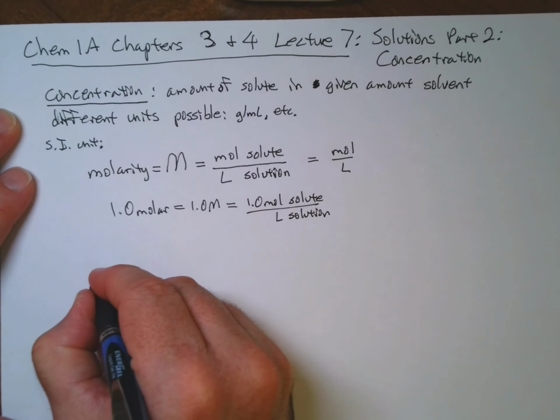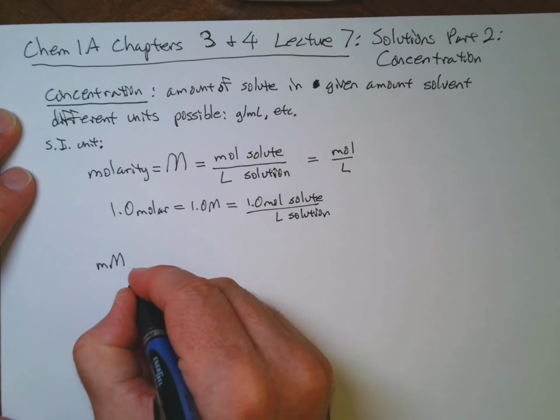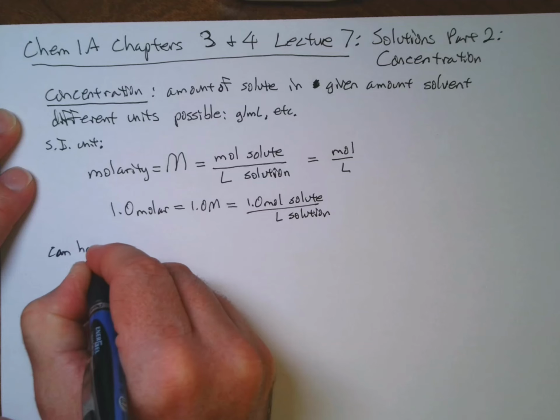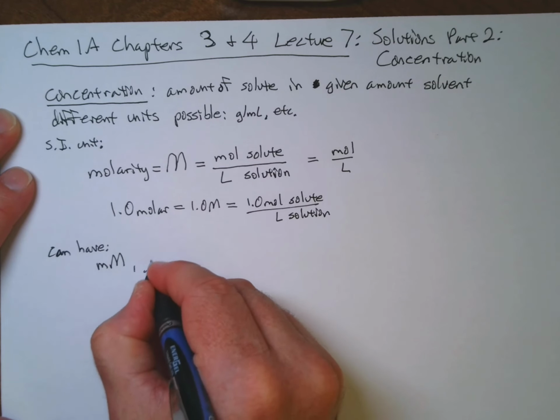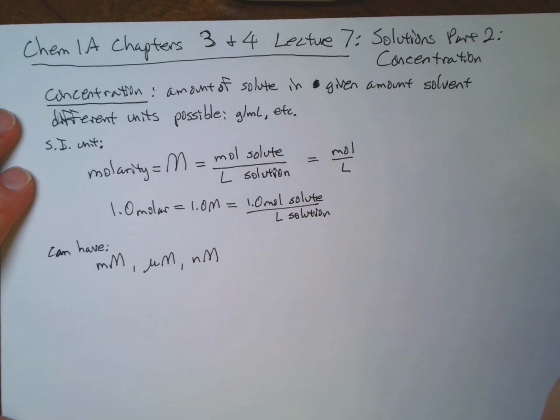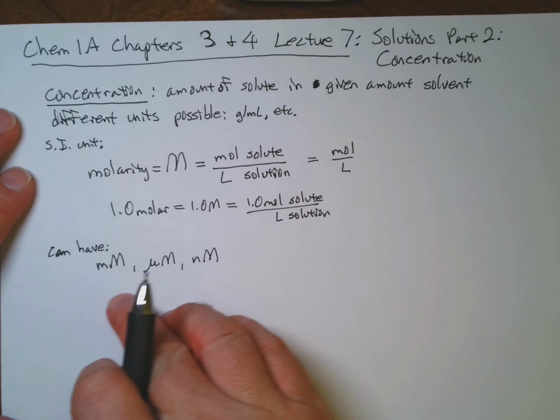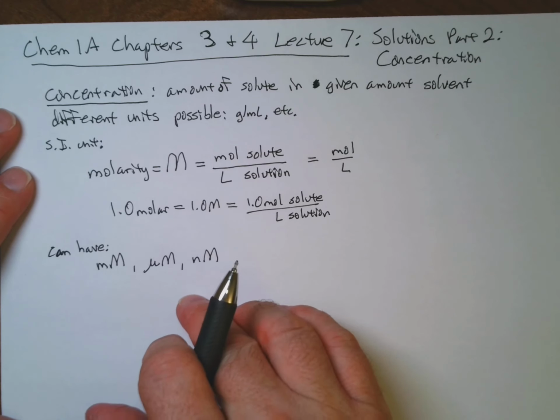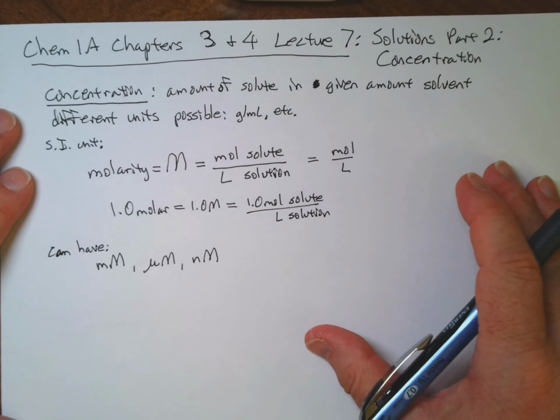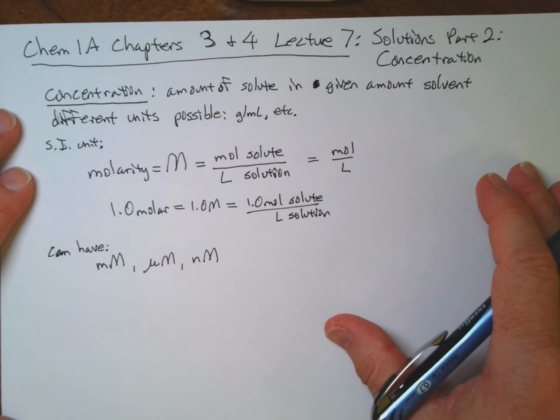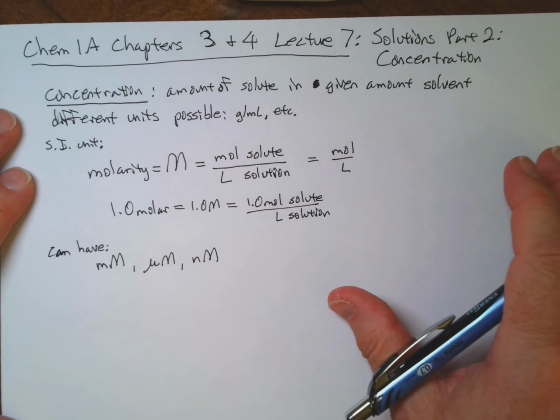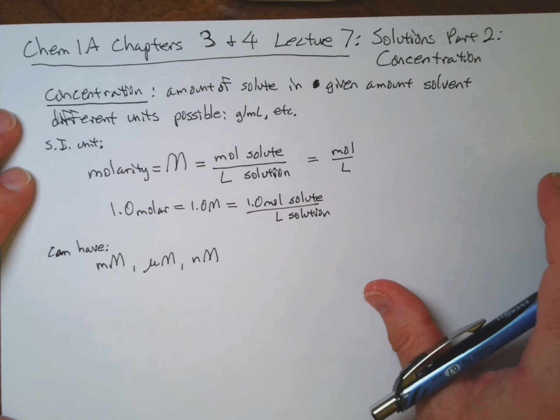We can have things like millimolar, micromolar, and nanomolar, and these are typical prefixes that we would use because we would be dealing with really, really small amounts. We're not going to have things like kilomolar. That's essentially impossible to do. Another thing to note is that concentrations are given as though for the original solid.